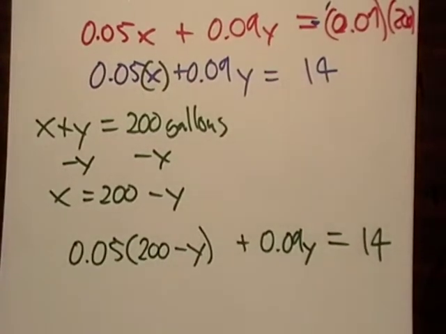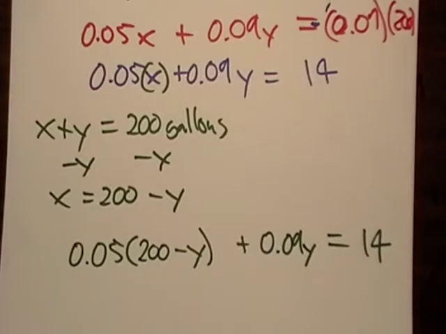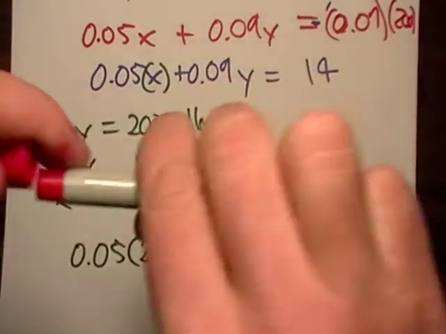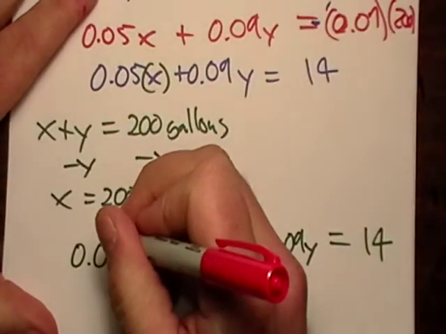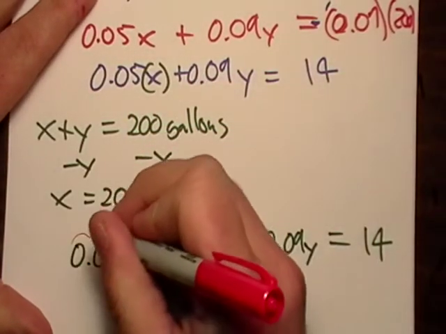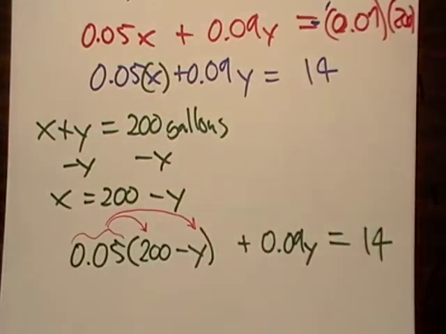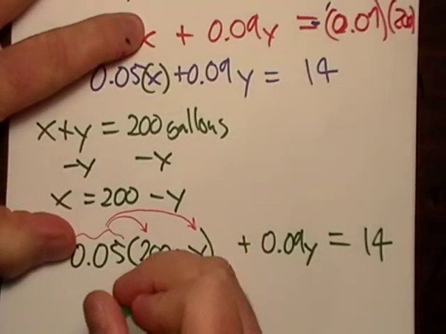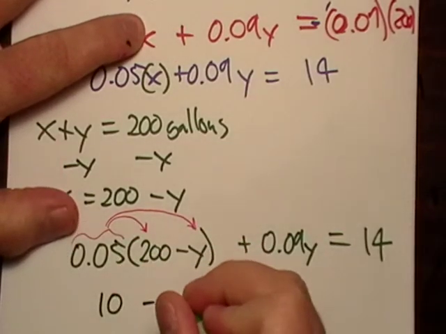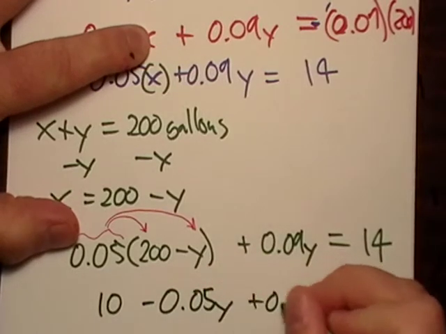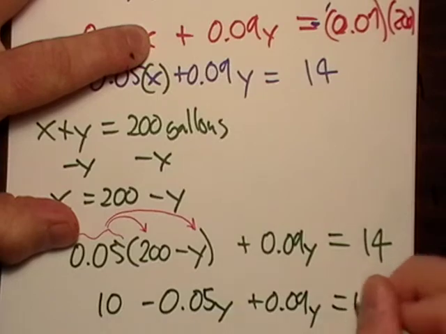Okay, time to get the calculator out. Remember, I'm just going to distribute the 0.05. And this comes to 10 minus 0.05y plus 0.09y equals 14.